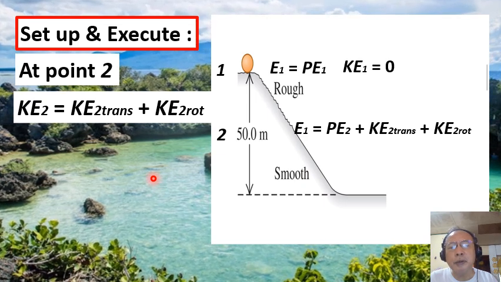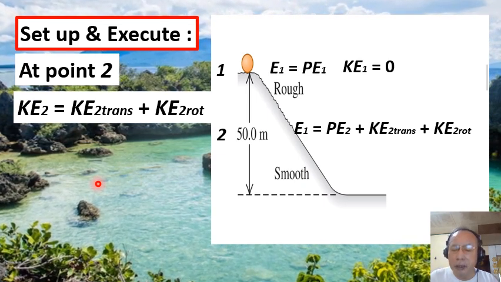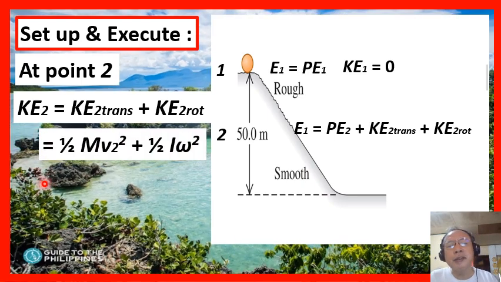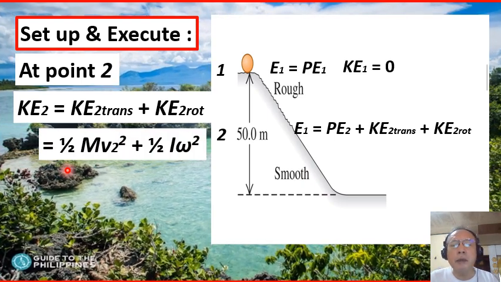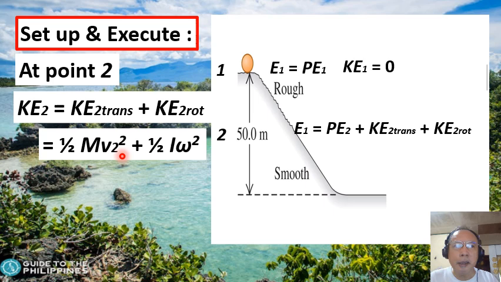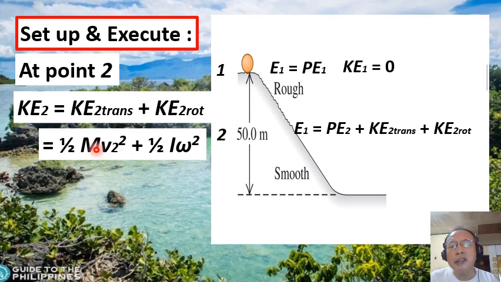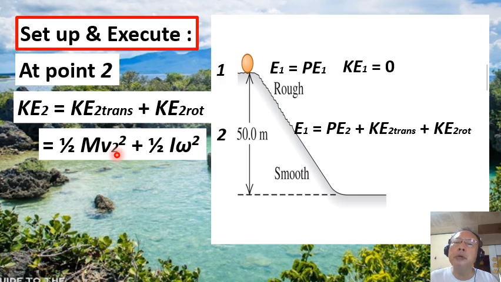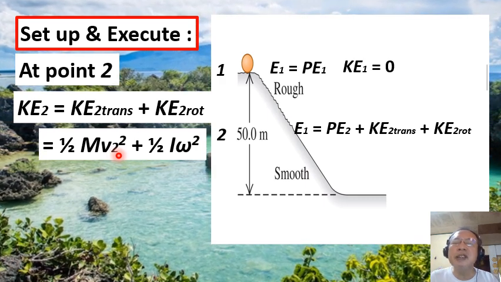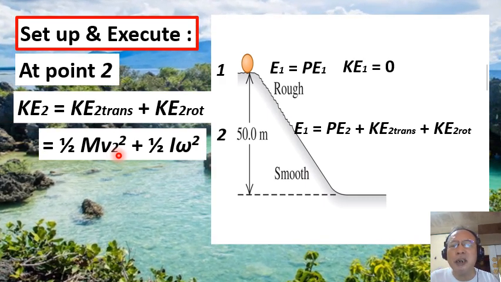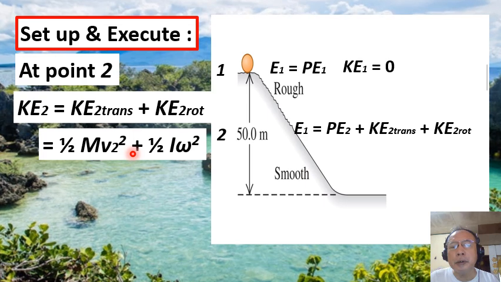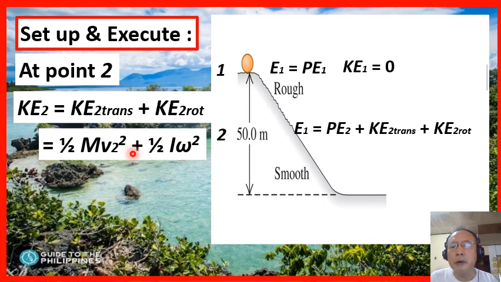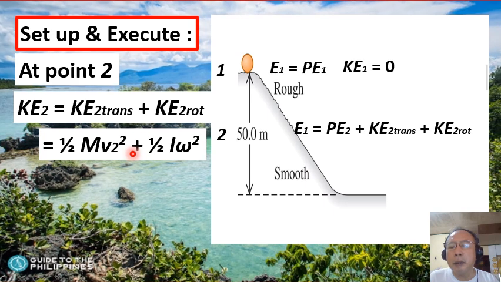And of course, we can express the translational kinetic energy of the boulder as 1 half the product of its mass, capital M, and the square of its speed, v sub 2, where v sub 2 refers to the instantaneous translational or linear speed of the boulder, in fact, of the center of mass of the boulder, at level 2.